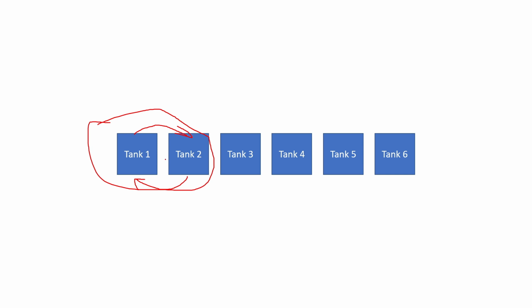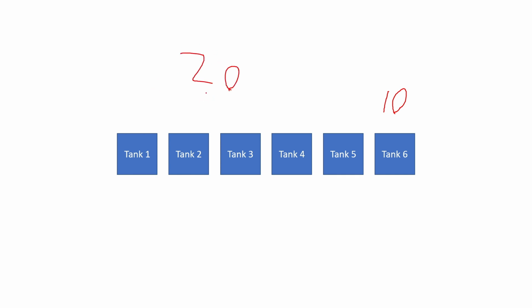Now that makes sense, except let's say I have 6. How do I clear this? Okay, got it. Say we have our 6 tanks. Now, if tank 6 has 10 units of fuel, and everything else has 20 units. I'm really bad at drawing.